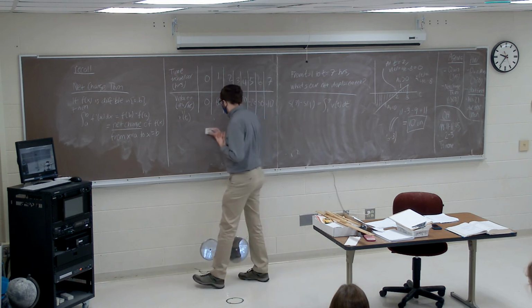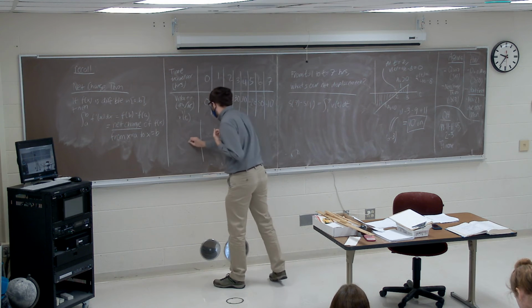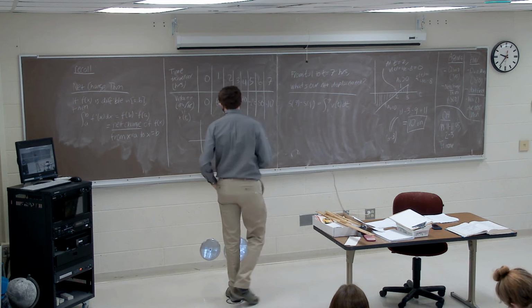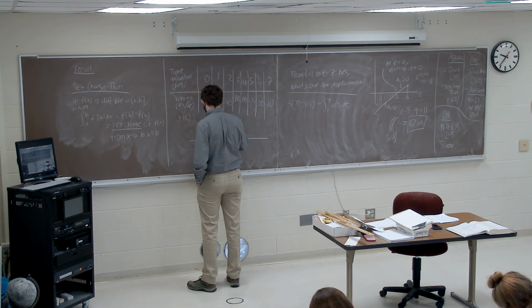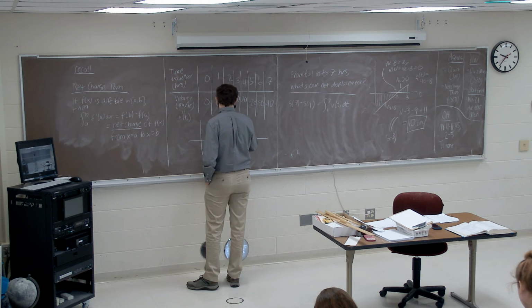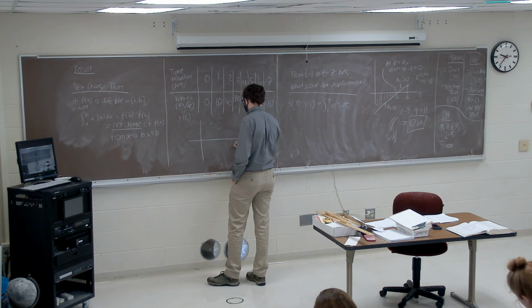So what we have here is a situation where if we were to graph out our V of t, we're given these isolated points. Let's see, 60, 40, 30, 30, negative 20, negative 50, negative 10.